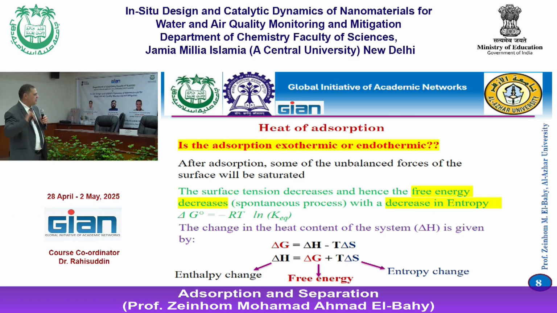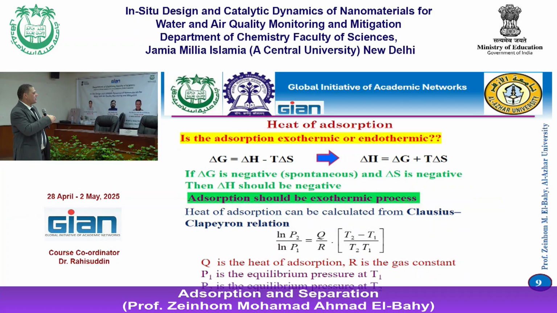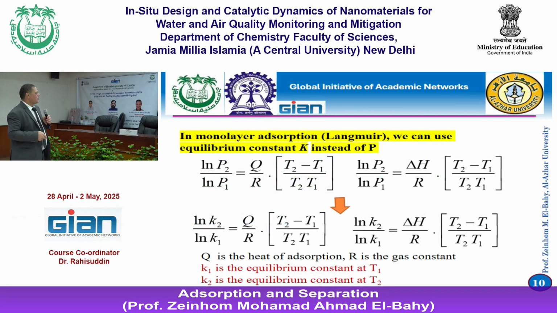It has 3 values, and we will mention it soon. P2 at T2, P1 at T1. If we have some data, I will show you. Of course, we can replace Q by delta H, and K, the rate of adsorption, with P. It's the same to have these equations.